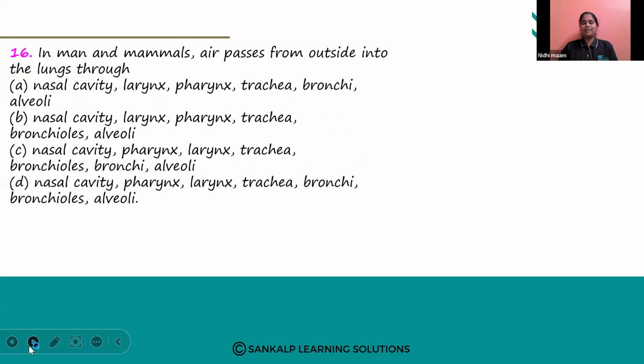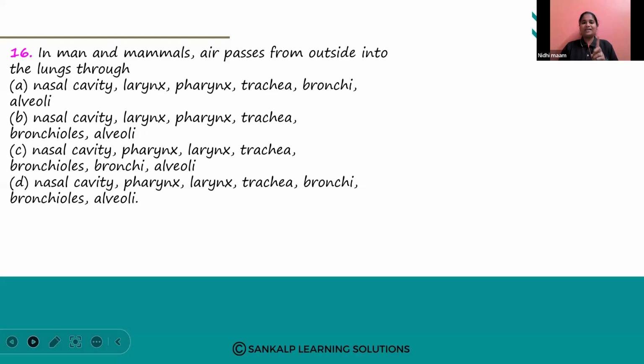In man and mammals, air passes from outside into lungs through what? ಆ passage ಅನ್ನ ಹೇಳ್ಬೇಕು.